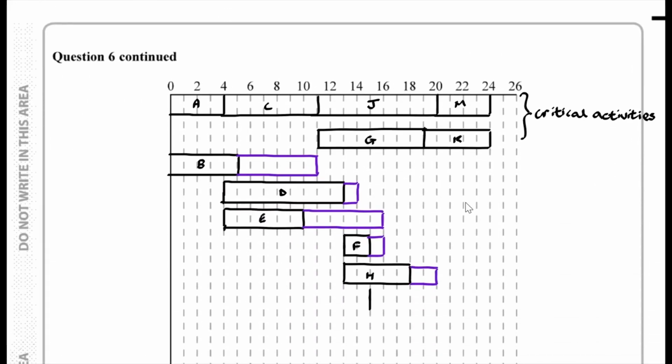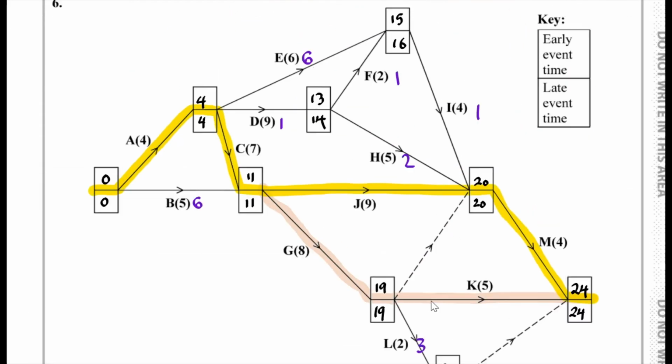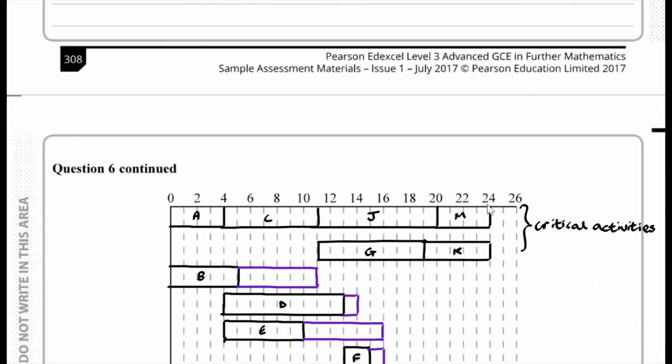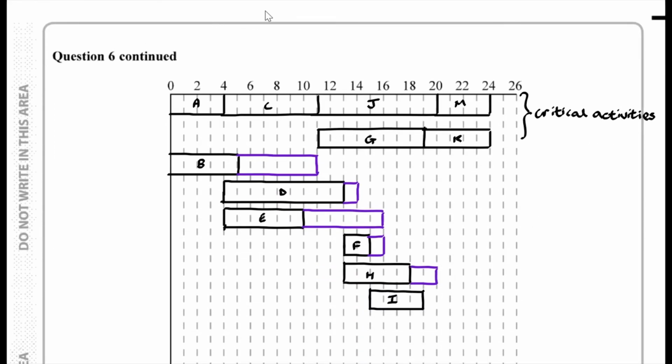So we go 4 across. So 1, 2, 3, 4. That brings us up to here somewhere. So this is I. And in terms of the float was 1. So let's just add that in here. So this is I.